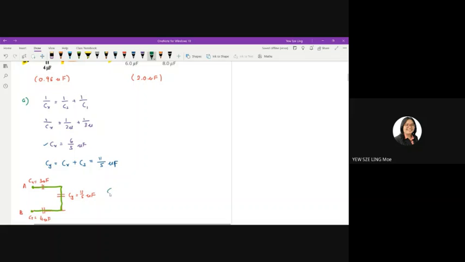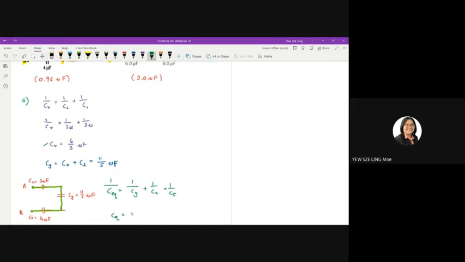Because the three remaining ones, I'm going to combine all of them at once. So this one is my C equivalent. So 1 over C equivalent, because series, equals 1 over CY plus 1 over C4 plus 1 over C5. Rearrange the equations.